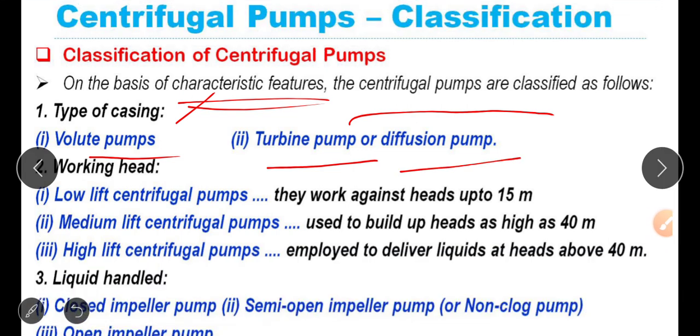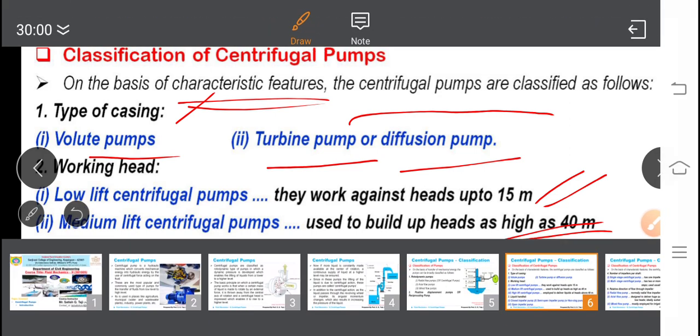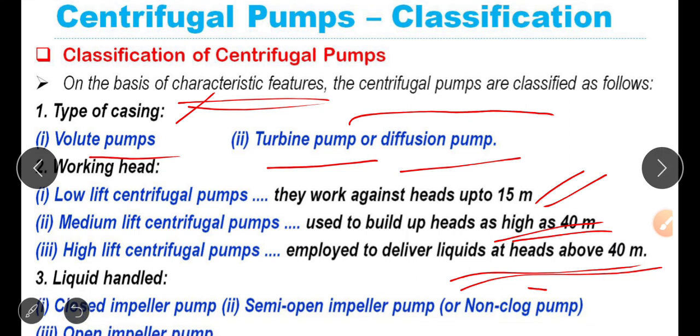Based on working head, low lift centrifugal pumps work against head up to 15 meter only, very low. Medium lift centrifugal pumps can be used with heads of 15 to 40 meter. High lift centrifugal pumps are used for any head greater than 40 meter; they are called high head centrifugal pumps or high lift.